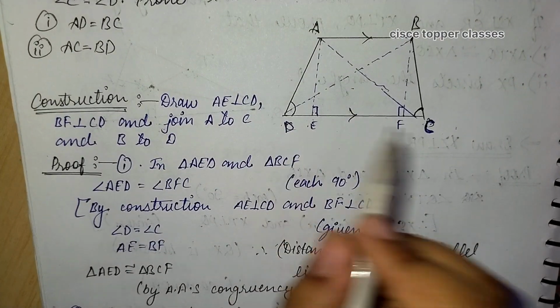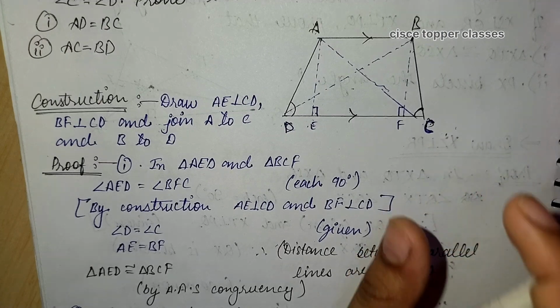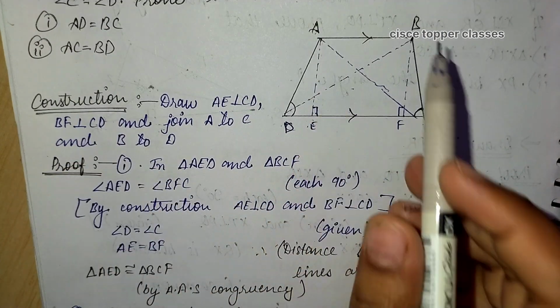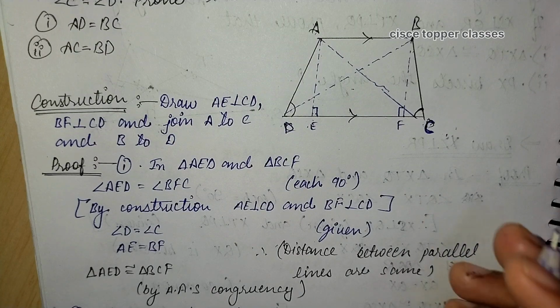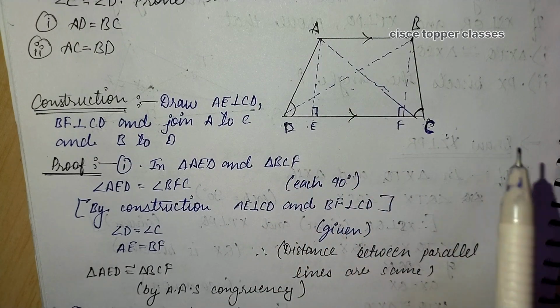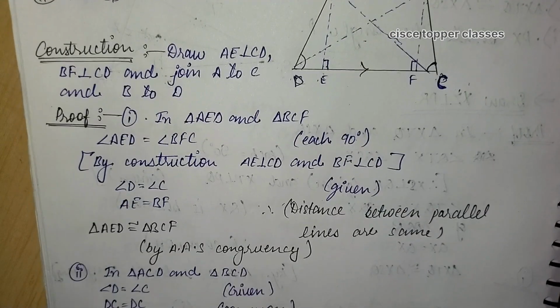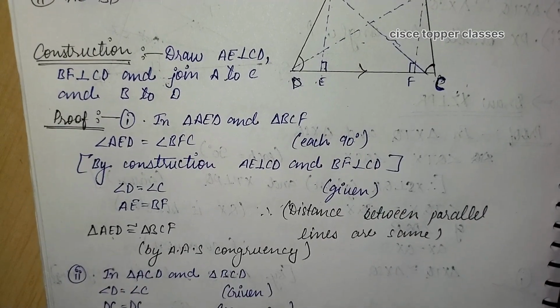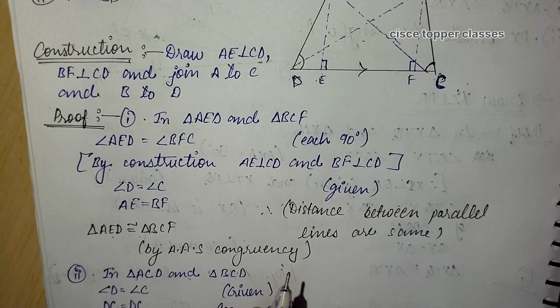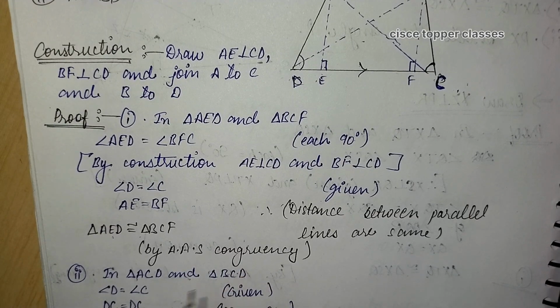Angle D is equal to angle C, as given, and AE and BF are equal because the distance between two parallel lines AB and CD is equal. So this is congruent by angle side congruency.